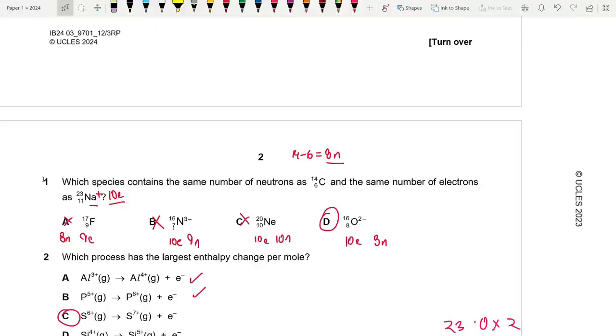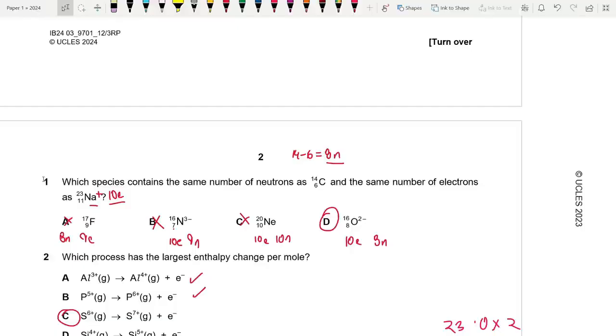This doesn't match either. And the neon has 10 electrons and 10 neutrons, so it doesn't match. So the correct answer must be D, this oxide ion. It has 8 plus 2 electrons, which is 10, and 16 minus 8 neutrons. So that's that. And a piece of advice for you guys: usually the trial and error questions tend to have the answer as D.